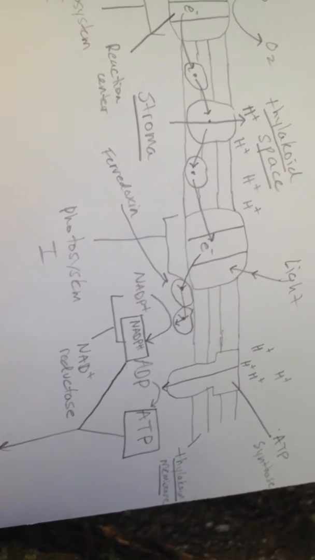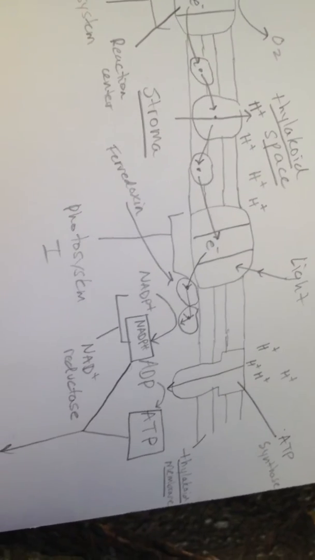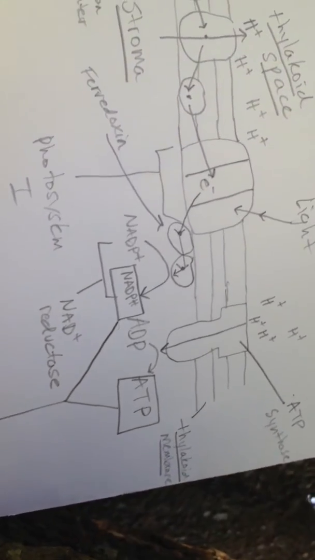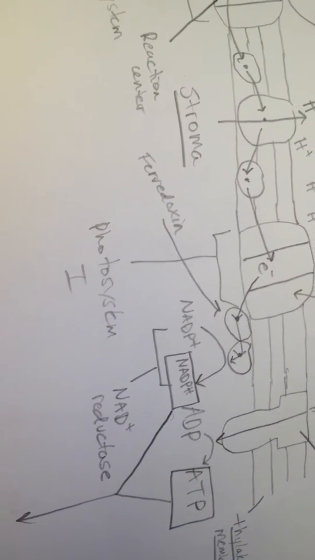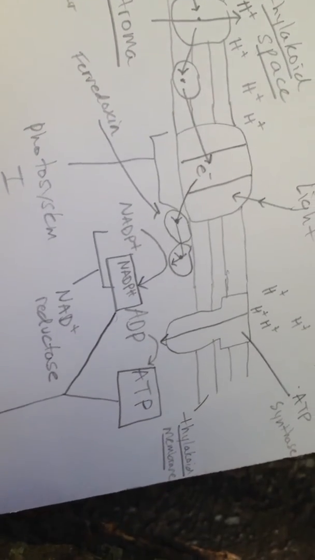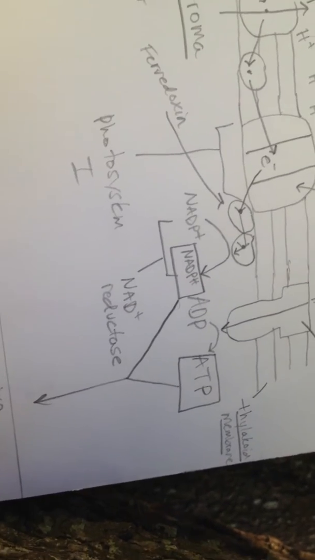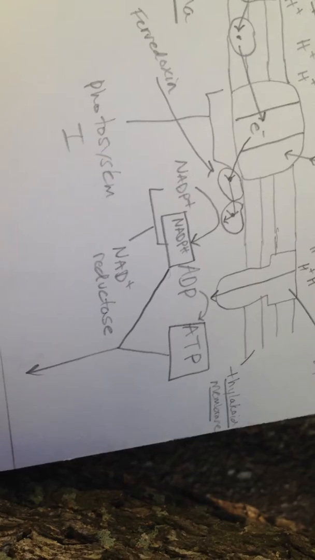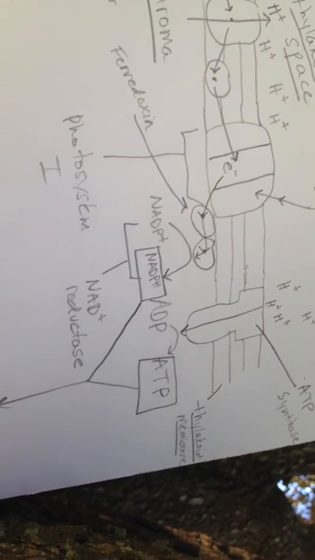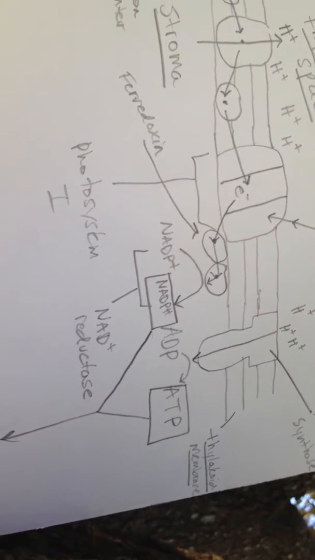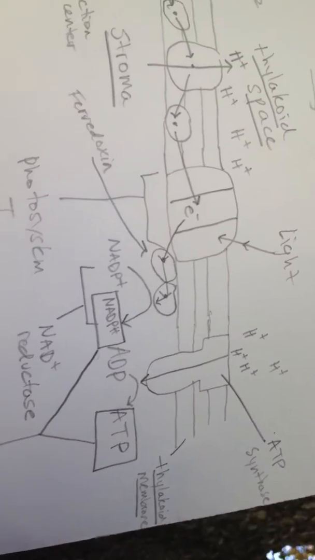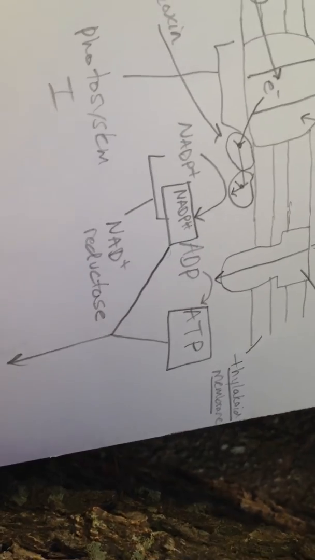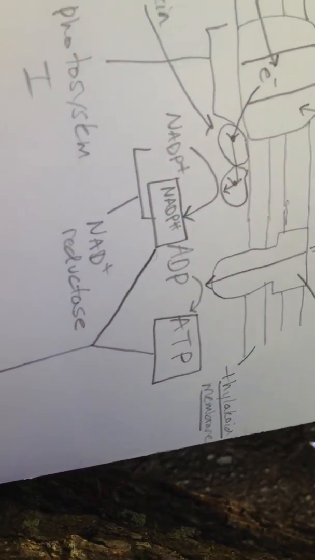After it reaches this photosystem, it's going to keep traveling down the electron chain through ferredoxin and to this NADP plus reductase. That is the enzyme that's going to allow NADP plus to accept that electron and a proton and become NADPH.